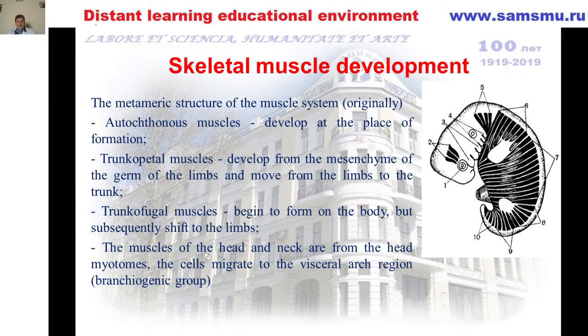In newborns, the thickness of skeletal muscle fibers is 7 or 8 microns. In the second year of life, 10-13 microns. In a 4-year-old child, 14-20 microns. In an adult person, on average 40-60 microns, and sometimes 100 microns.